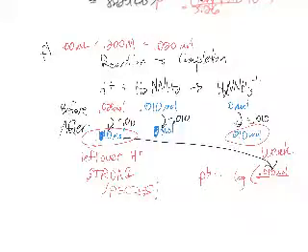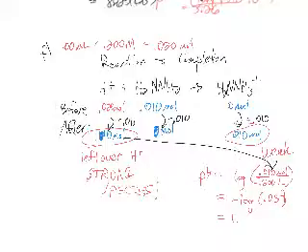So 100 mils of the acid added to 100 mils of the base gives you 200 mils, or 0.2 liters. When we divide that, we get 0.05 molar, and taking the pH, we get 1.3.